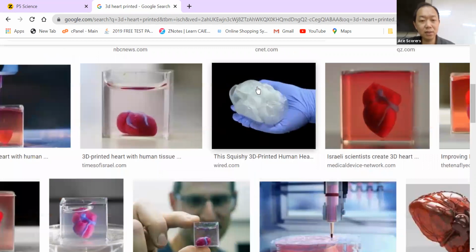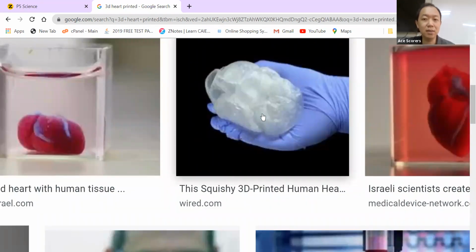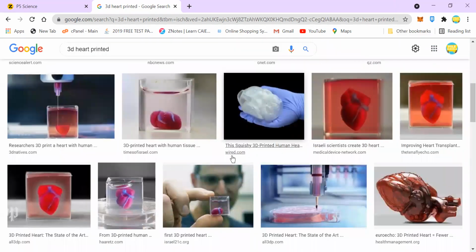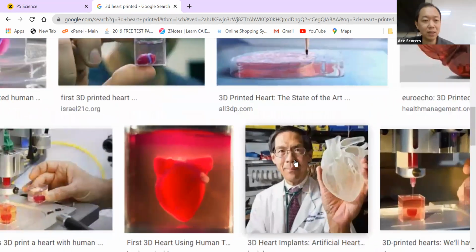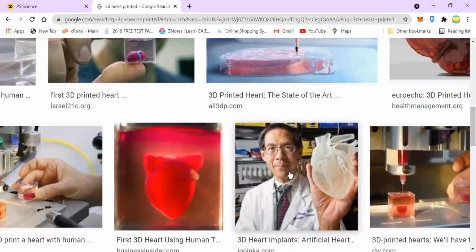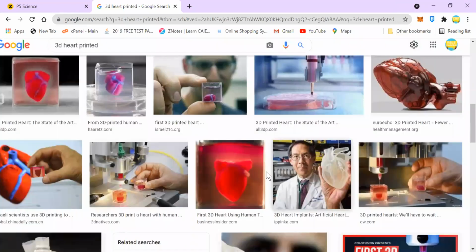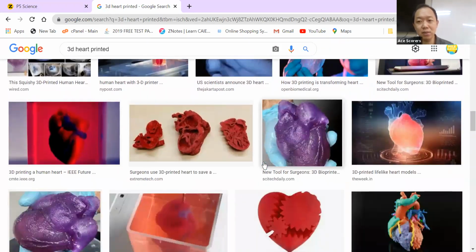This is the actual 3D printed heart. It's very transparent. Yeah, it's transparent. So now they're able to do this because it's plastic. They use this plastic material to print the heart. Okay, which should work pretty well.